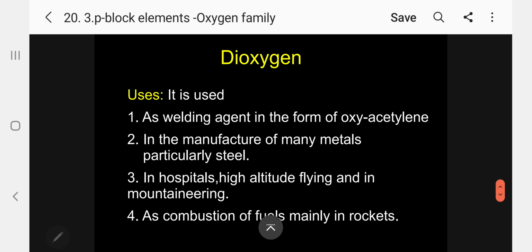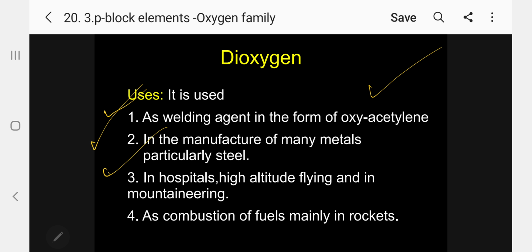Coming to uses, one, it is used as a welding agent in the form of oxyacetylene flame for welding purposes. Number two, in the manufacture of many metals, particularly steel.